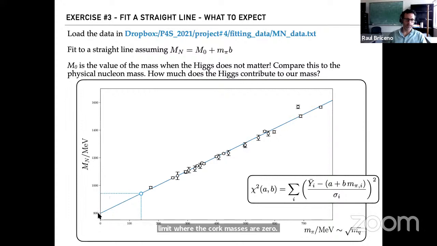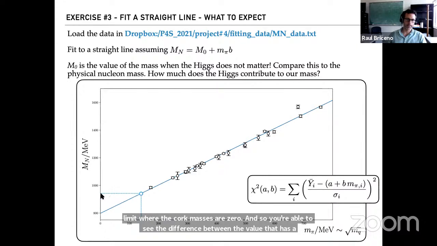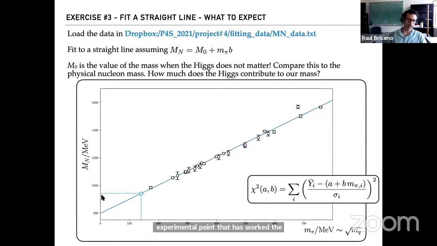This is an experimental point. This is what the nuclear mass, the proton mass, is. And so you're able to see this gap, which is roughly 15% of the mass of the proton, that can be explained due to the Higgs.